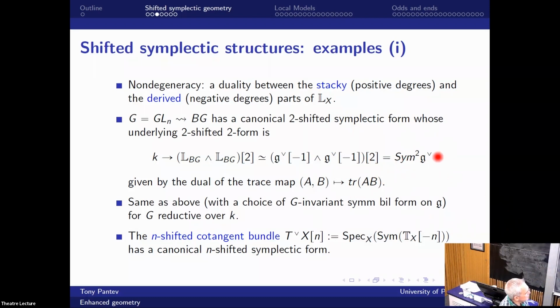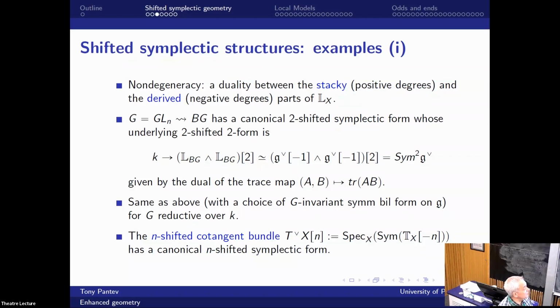This picture is just lifted to the atlas, which is the point. So we are just looking for a G invariant quadratic form. A two-shifted two form on BG is just a G invariant quadratic form on the Lie algebra. Non-degeneracy just says that it's non-degenerate, so that's why you need the group to be reductive.